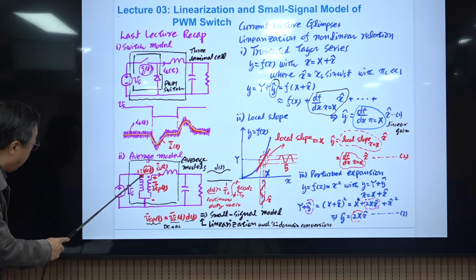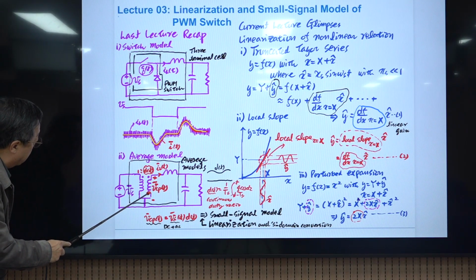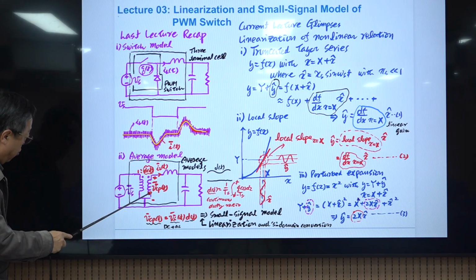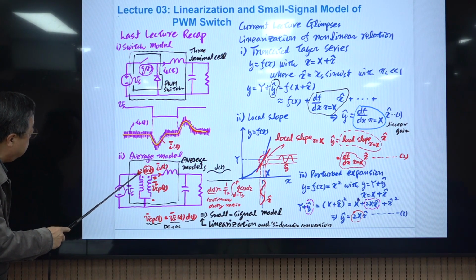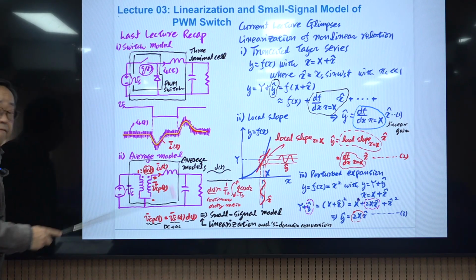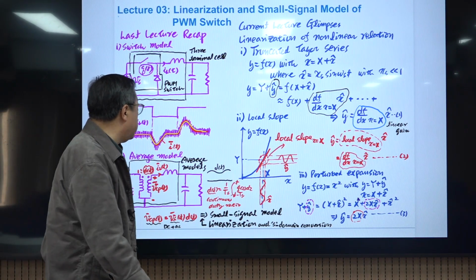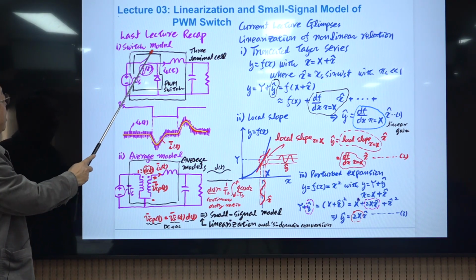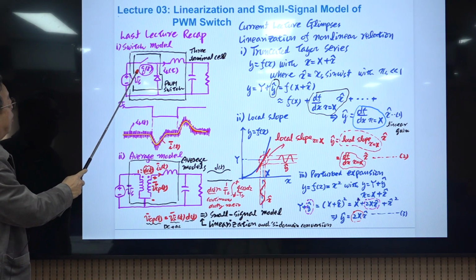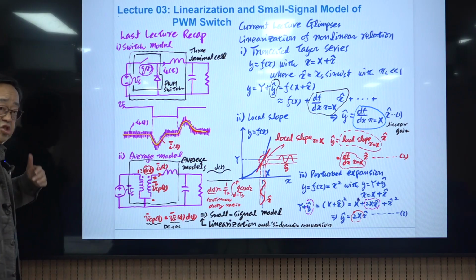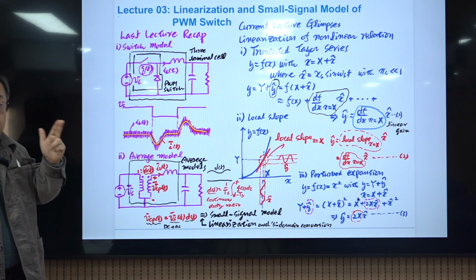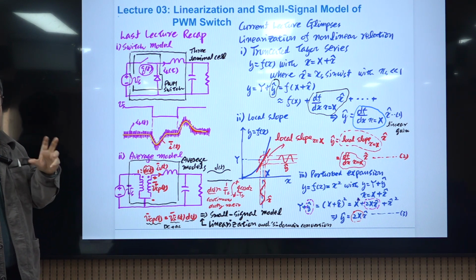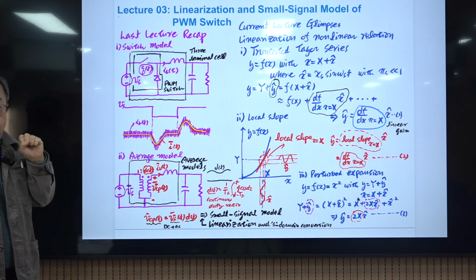So we have this ideal transformer, and in this ideal transformer, this terminal and this terminal are always connected to this single point, and the turns ratio of this is 1 to d(t). d(t) is the continuous duty ratio. In the switch model, you have q(t). This is the actual switch drive signal, which alternates between the value of 1 when the switch is connected and the value of 0 when the switch is open.